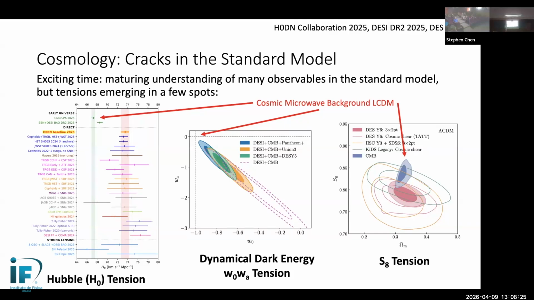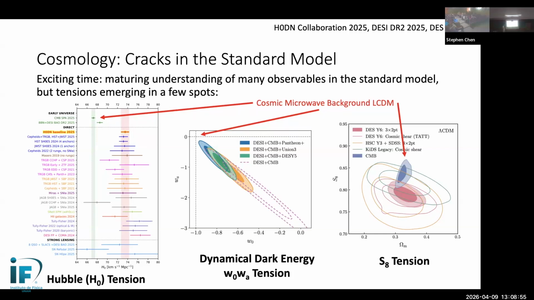Also from galaxy clustering, actually, embarrassingly, it also looks like there are some discrepancies. Then there are, of course, some recent developments, as I'm sure you've heard from your local colleagues here, where the Dark Energy Spectroscopic Instrument, DESI, using its latest data combined with CMB and supernovae data, seems to show a preference for dark energy beyond the cosmological constant. That is in tension with the standard model of cosmology, which is the constant dark energy at this point here.